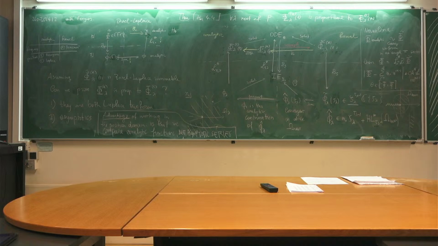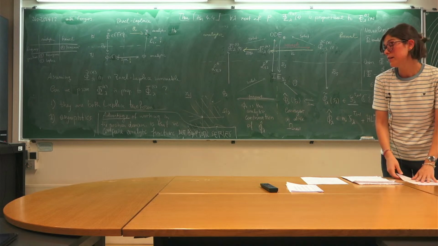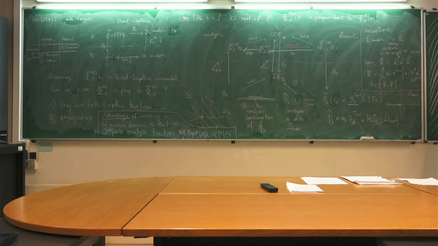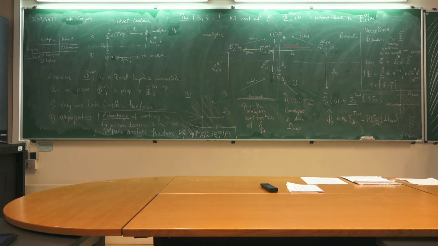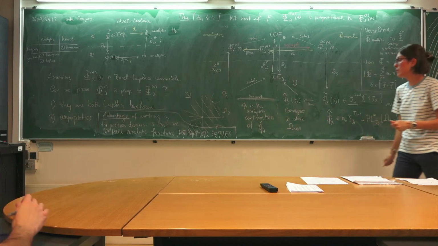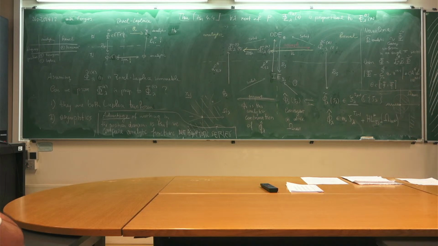There is maybe another comment that I will make now, and it will be useful also in order to understand the resurgence, which will appear in the next lecture: from the perspective of resurgence, working in the position domain is kind of the key idea. So already here we might have seen, a bit sketchily, one of the advantages of working in the position domain, and the same will be true for resurgence.